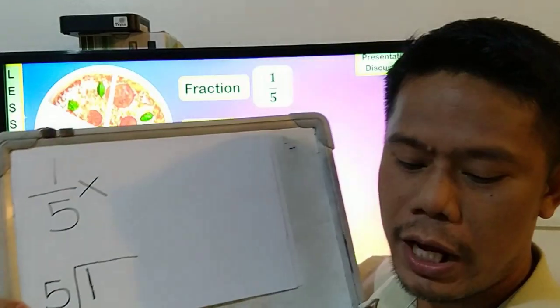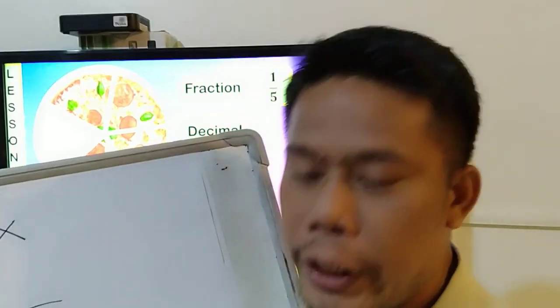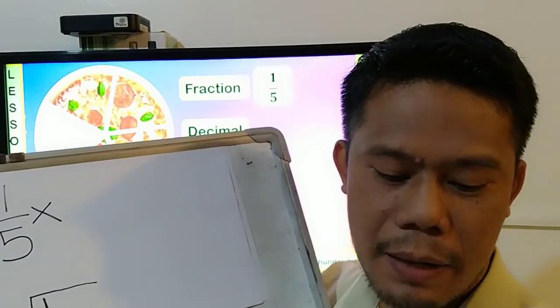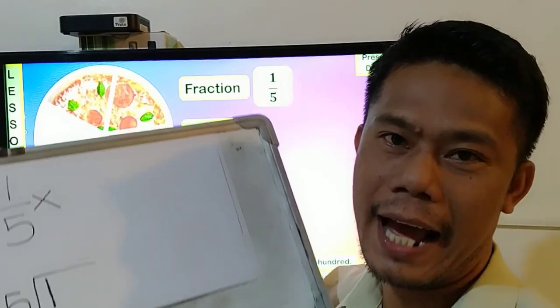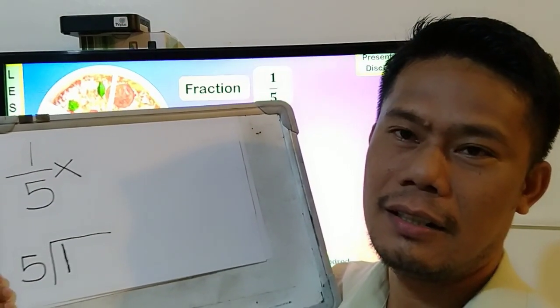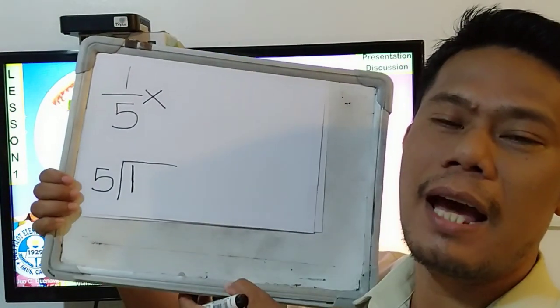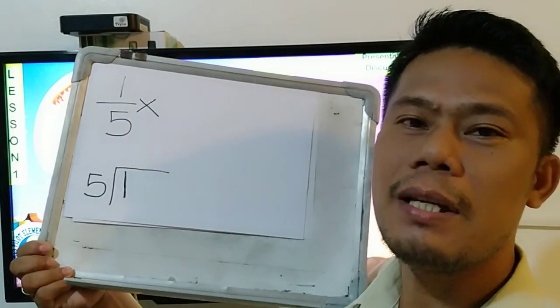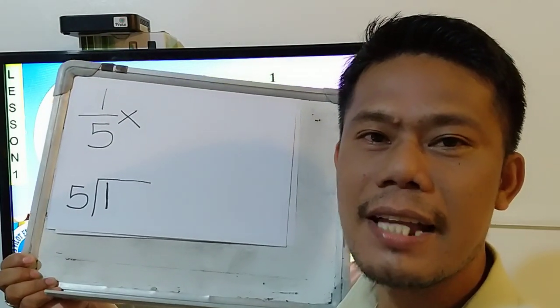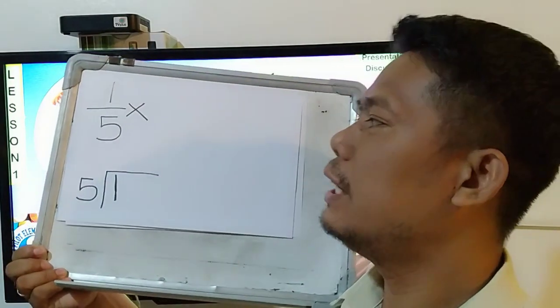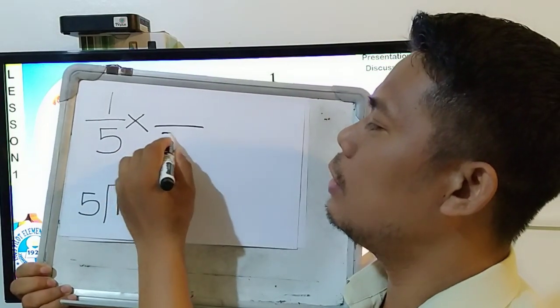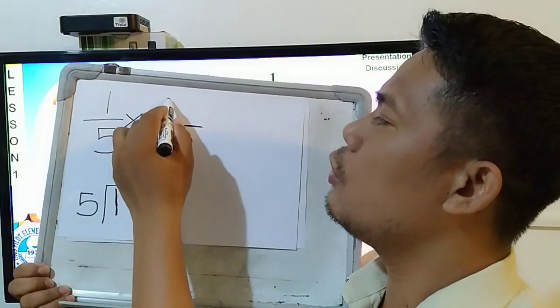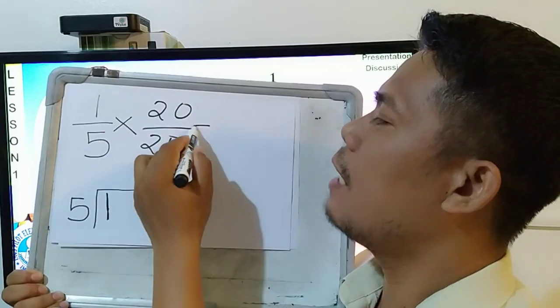method is you are going to look for the number that you multiply by 5 to equal 100. What number can be multiplied by 5 that becomes 100? What is the answer? Very good. That is 20. So we are going to multiply both the numerator and the denominator by 20.